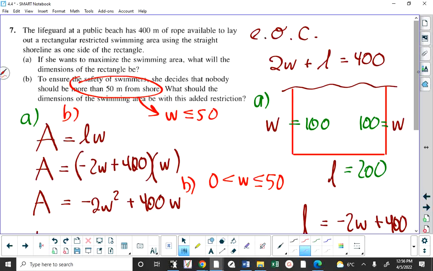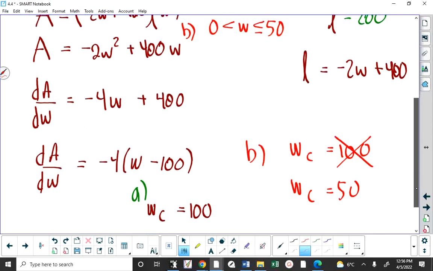By the way, 0 is not a critical value because it's not where the function starts. And we've had this conversation before. The function starts infinitely close to 0, but we can't put a number on where it starts. If you wanted to, what you could do, and maybe I will do this, is let's do a first derivative chart for part B.